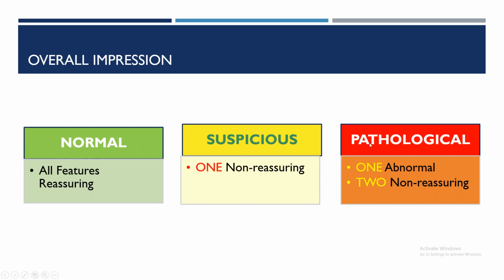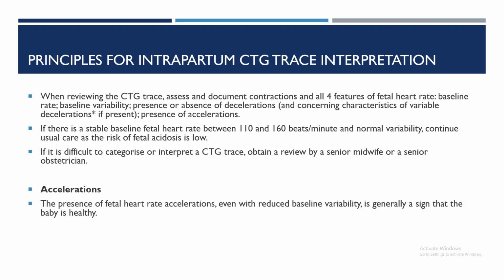And the CTG becomes pathological if there is one abnormal feature or two non-reassuring features. So any two non-reassuring features or any one abnormal feature makes the CTG pathological, and one non-reassuring feature makes the CTG suspicious. Okay. So now how you are going to interpret this intrapartum CTG, and how you are going to act on this CTG.